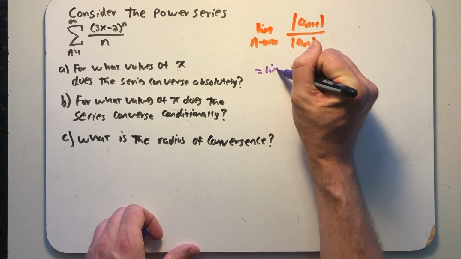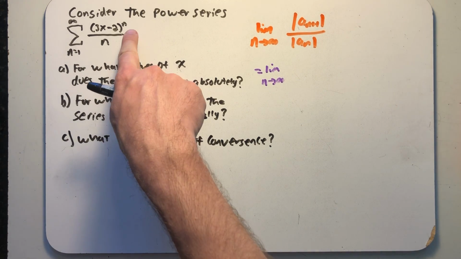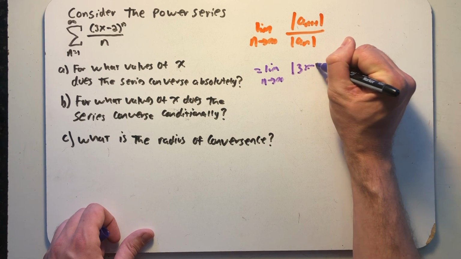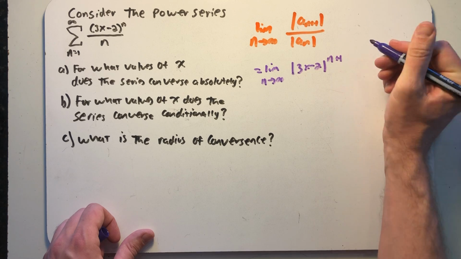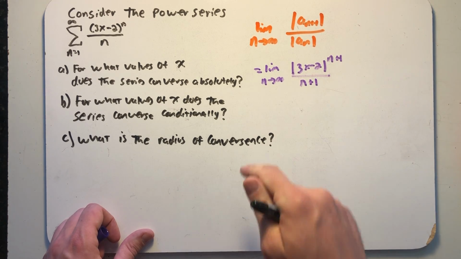So I have the limit as n approaches infinity, and I'm going to write down the n plus first term, replacing the n's with n plus 1's and putting the variable expression in absolute value. Now I'm supposed to divide by the nth term.